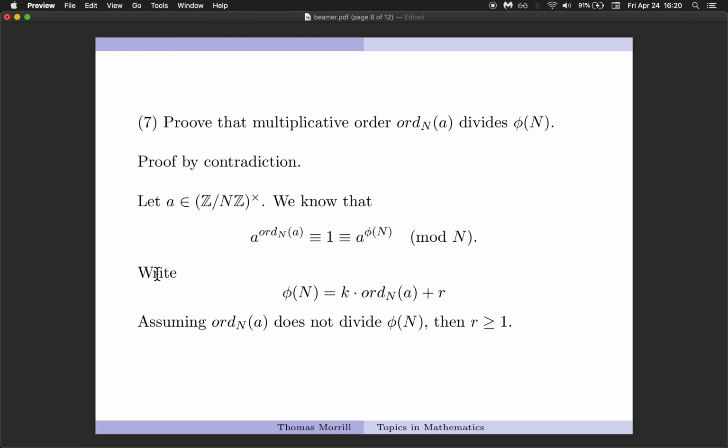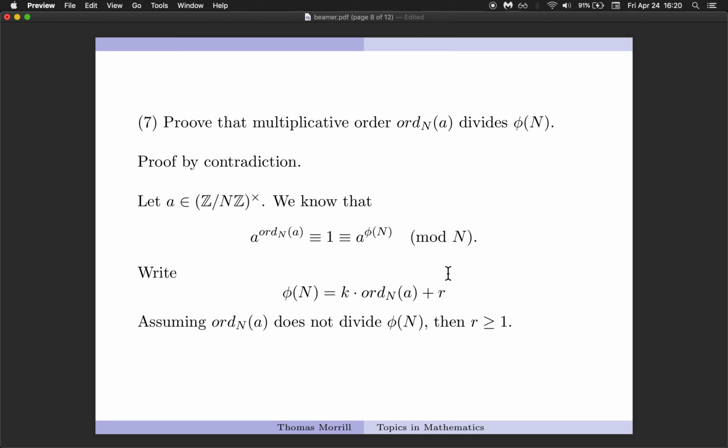Well, I can attempt division. I know that phi of n is going to be equal to some multiple k of the order of a plus a remainder r. I can do this for any pair of integers, and I can arrange it so that my remainder r is between 0 and the order of a.